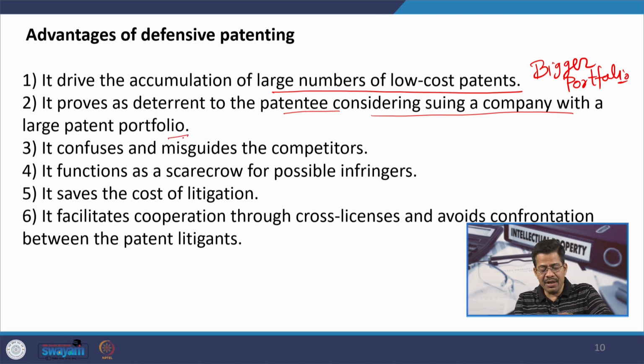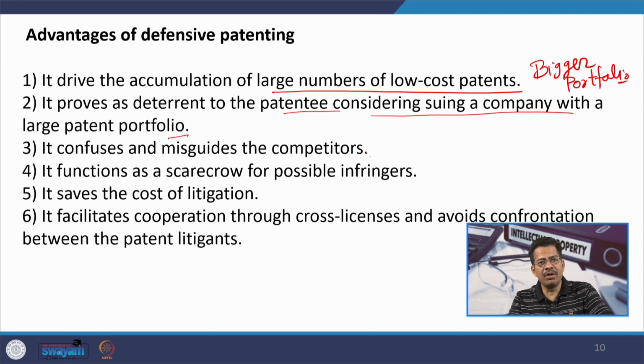So, those companies which have a large patent portfolio, even if using the defensive strategy, it is a kind of deterrent for those who are trying to sue them, because they may be able to use this patent portfolio for their advantage.